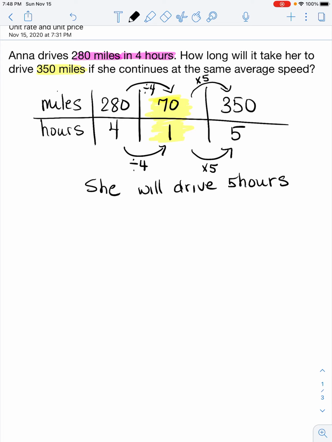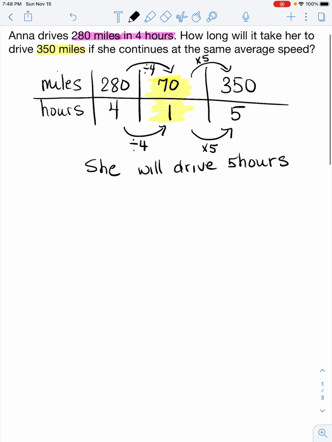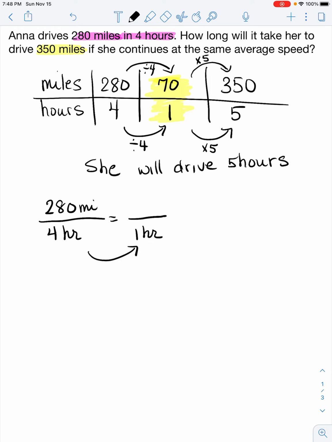Now, if we wanted to use a proportion, it would basically be the same thing. We have 280 miles in 4 hours equals how many miles in 1 hour? And again, we're going to be doing the same operations.